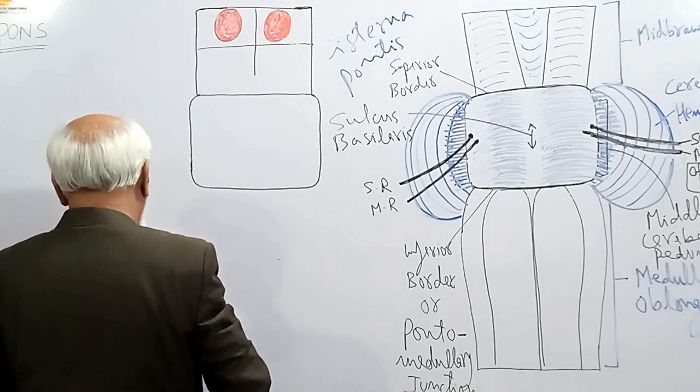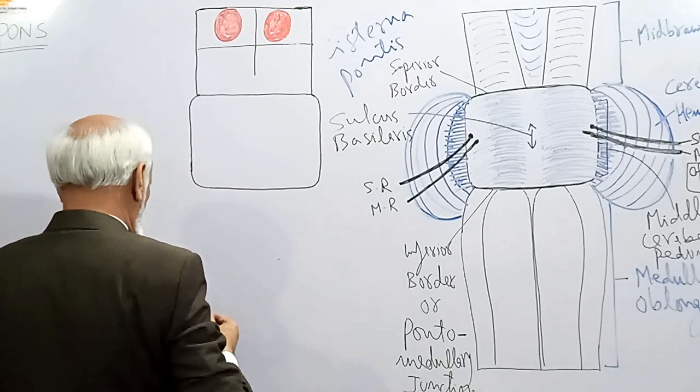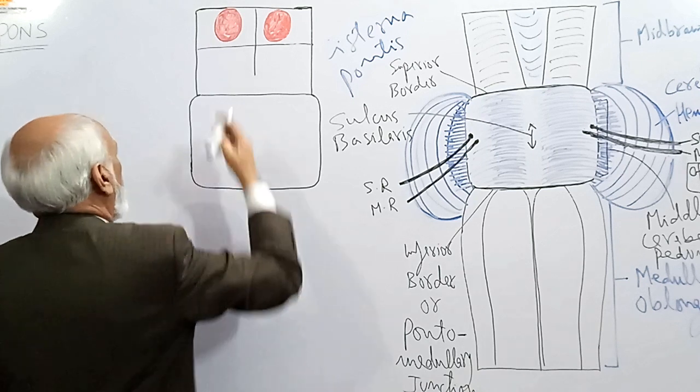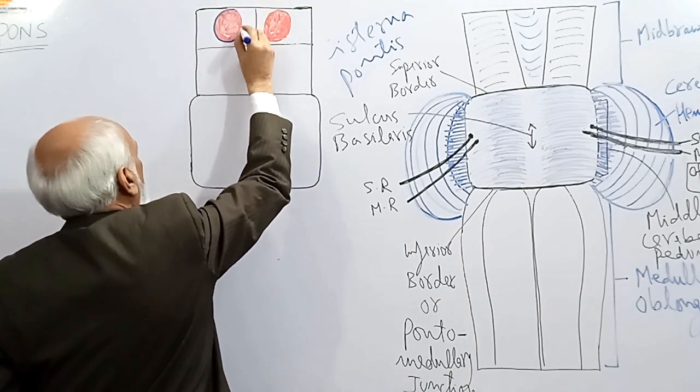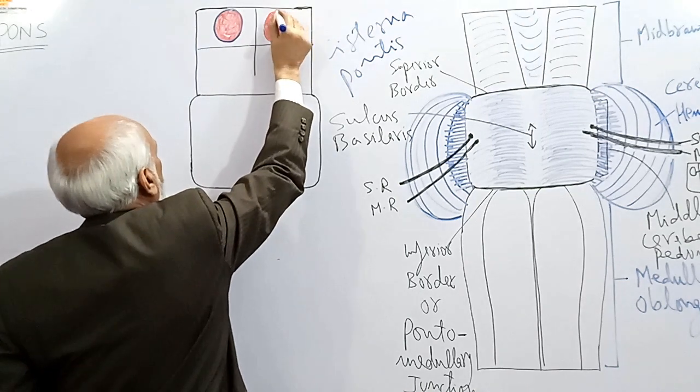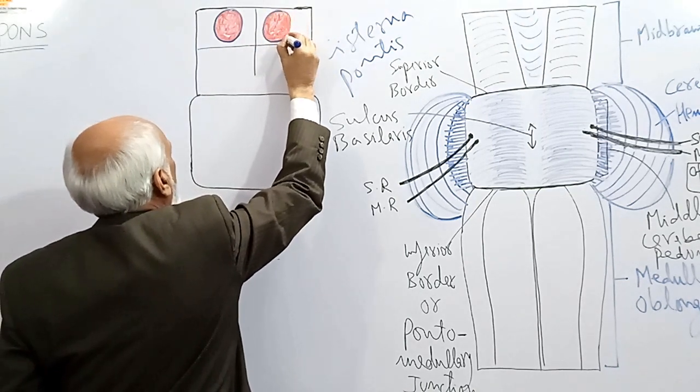These are the superior colliculi. This is, suppose, the right superior colliculus, and this is the left superior colliculus.